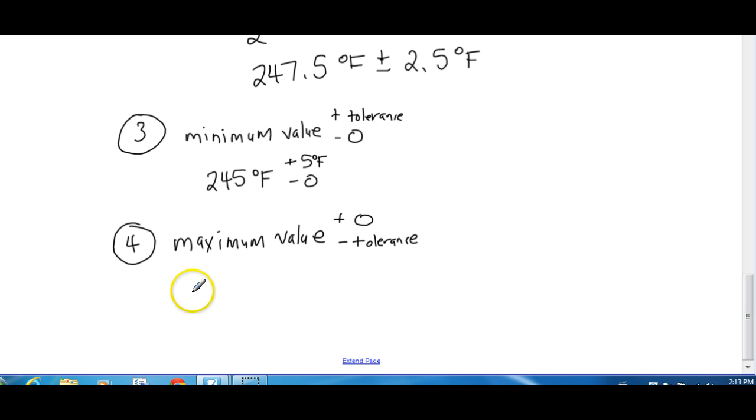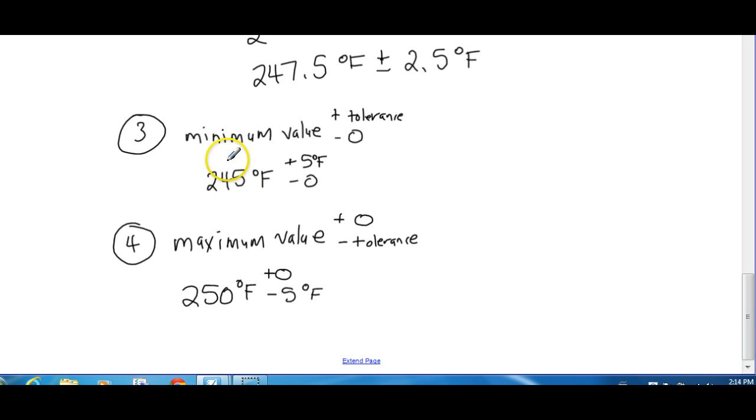So if I was going to write that down, my maximum value is 250 degrees Fahrenheit. I can't go any higher, so I can't add any more temperature to it, so it's plus 0. But I can go lower by 5 degrees, and I can do minus 5 degrees Fahrenheit, because if I was to go 5 degrees lower than 250, I would be at 245.